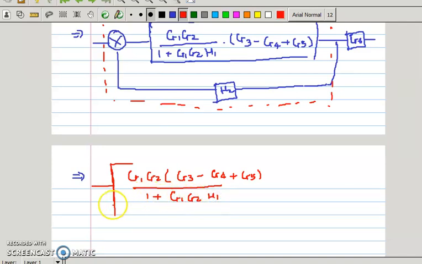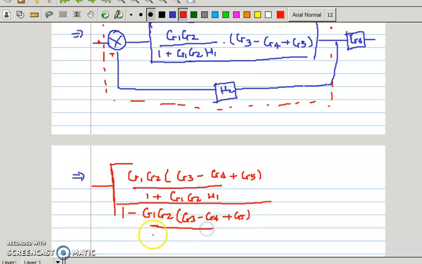This is the forward block, right? Whole divided by, this is the positive, and this is the positive, so 1 minus forward path, that is G1 G2 G3 minus G4 plus G5 whole divided by 1 plus G1 G2 H1, right? H1 into feedback element, that is H2.